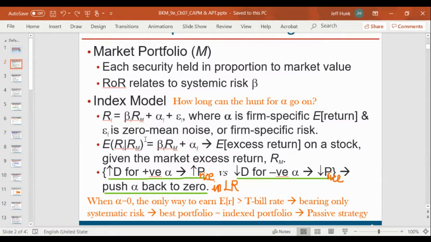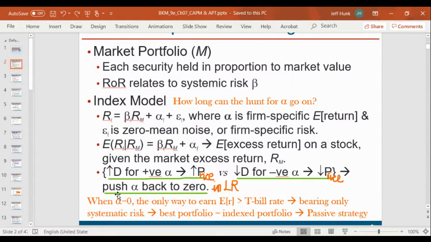I think epsilon is a zero-mean noise, white noise, meaning the mean of the error terms is zero. It is the firm-specific risk, or firm-specific residuals or error terms. And the expected risk premium, given the market risk premium, means it can be perfectly explained by beta and alpha, right?